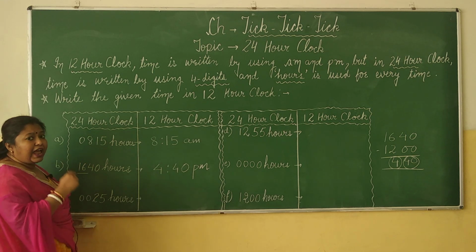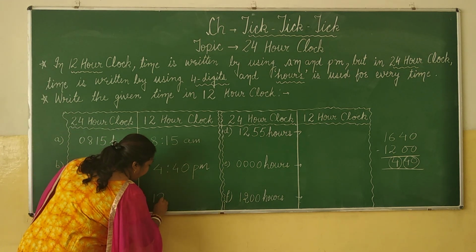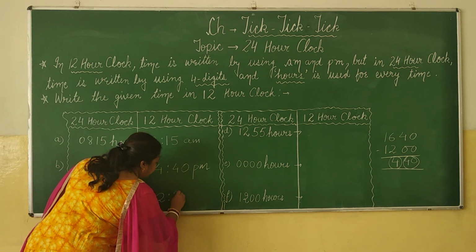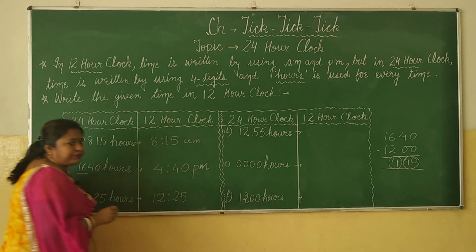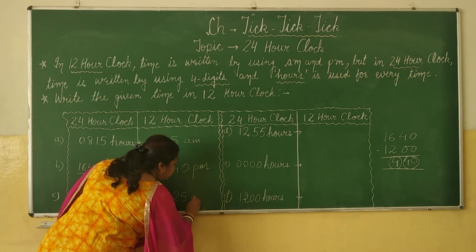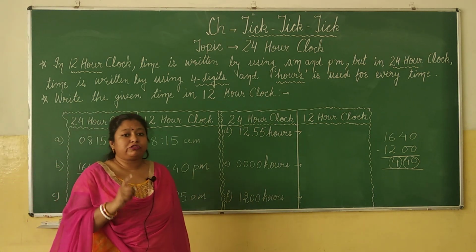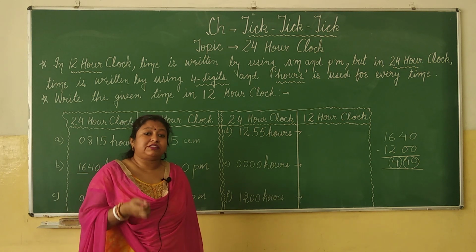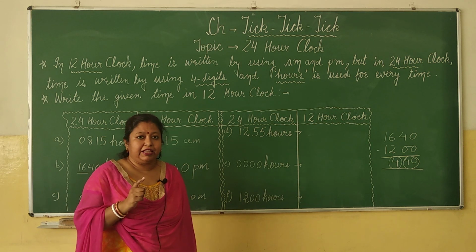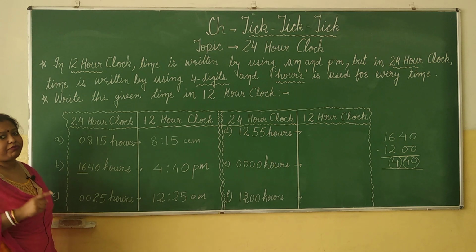Here we will write 12 in place of 00, followed by the minutes, that is 25. It remains as it is. And now this is followed by AM, children. Why? You have to think about it, because it is after midnight, and after midnight we use AM. So this will be 12:25 AM.